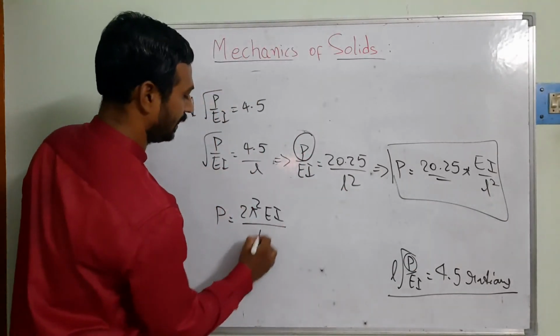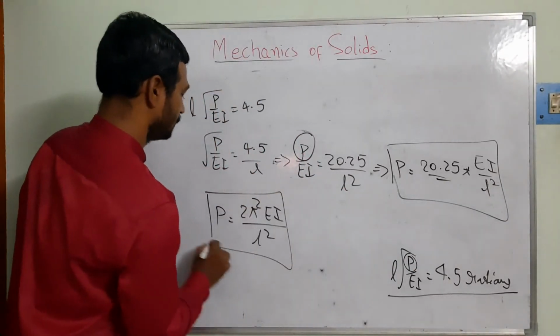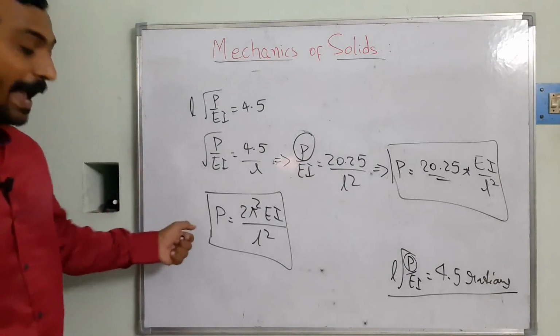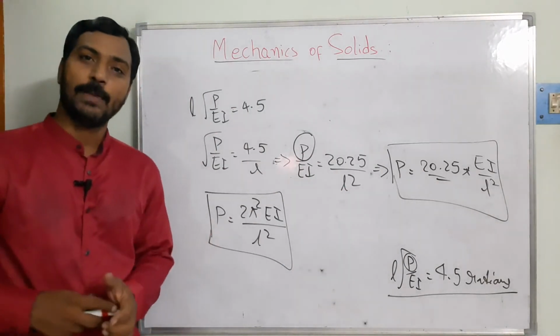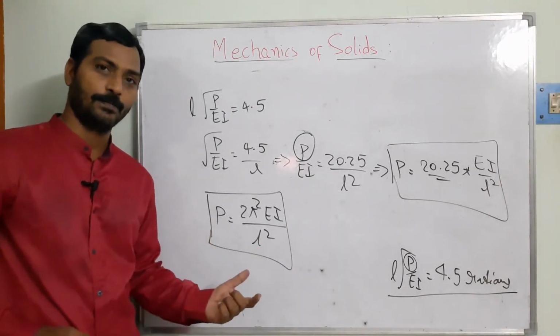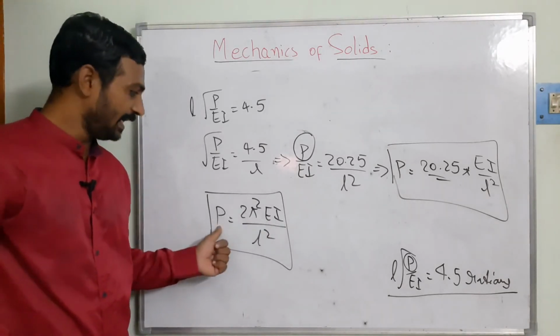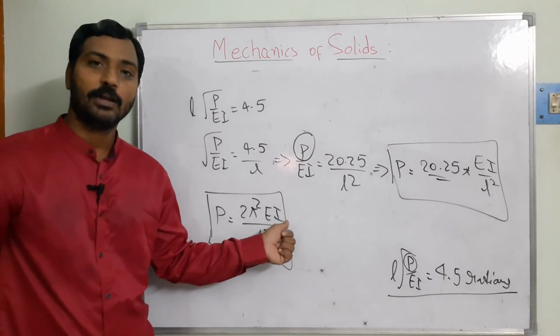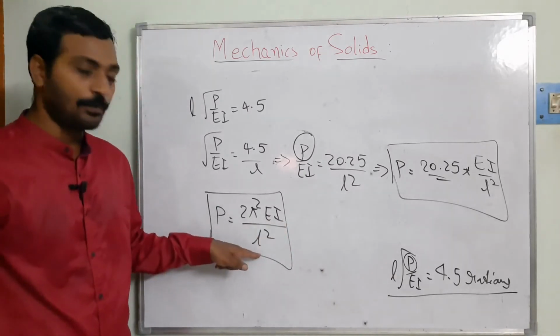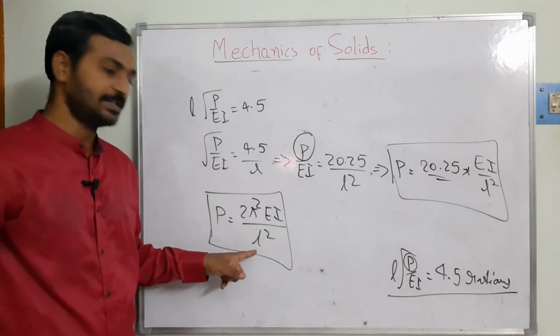This is the magnitude of the crippling load in terms of the mathematical model. P is directly proportional to your Young's modulus, directly proportional to the moment of inertia, and inversely proportional to the square of the length of the system.